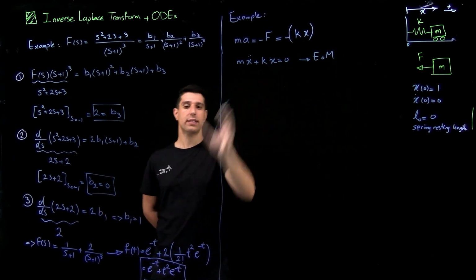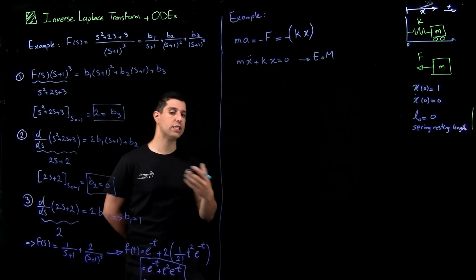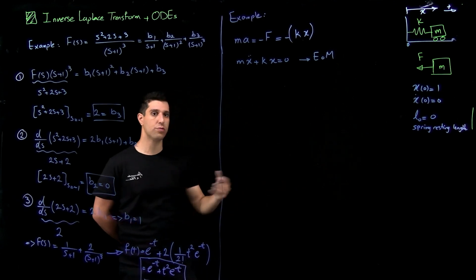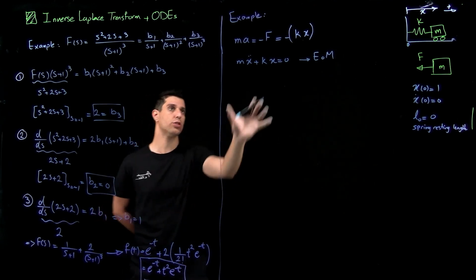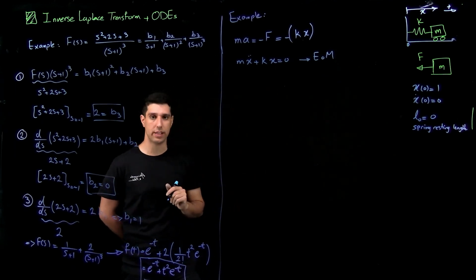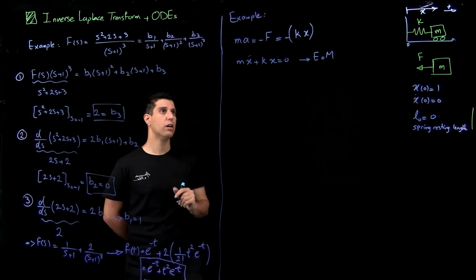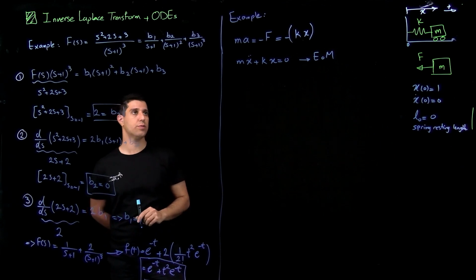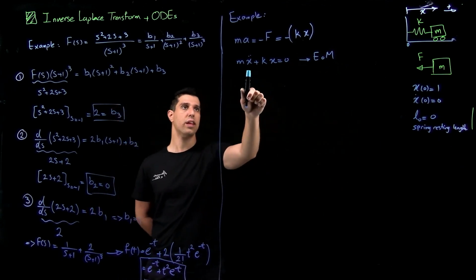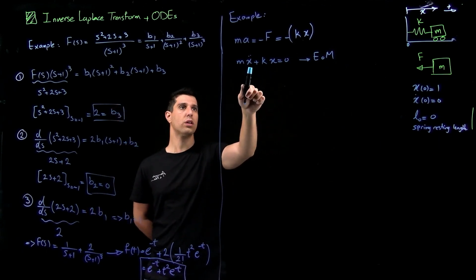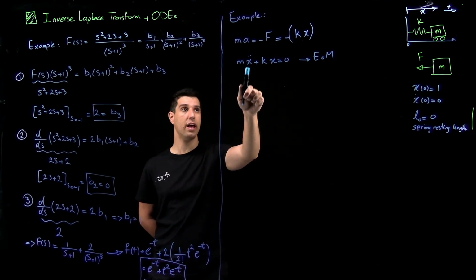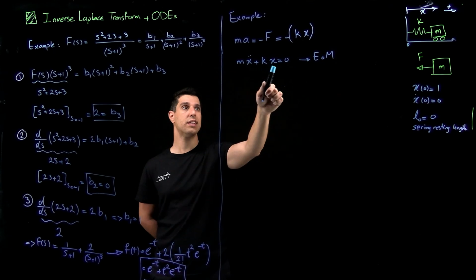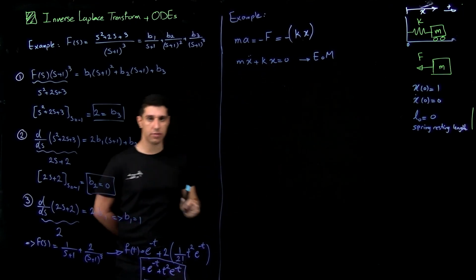It's a second order differential equation that describes how this body moves over time. We want to solve this. We want to find x of t. There are other classical methods to solve this. For instance, you can think of what kind of function x has the same form as its second derivative.